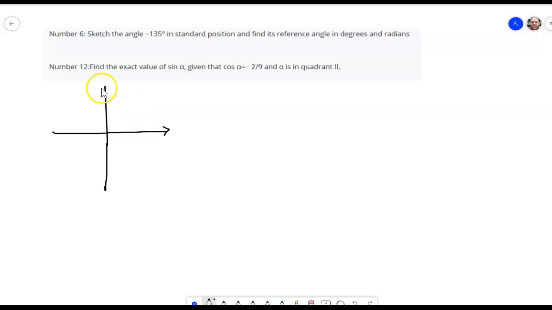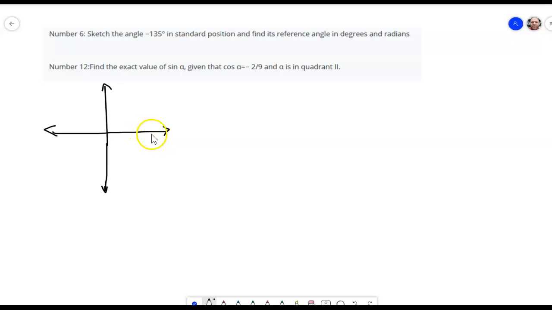So this would be 90, 180, 270, 360, and then you just keep adding 90: 450, 540, 630, 720, and you just keep going around that way.